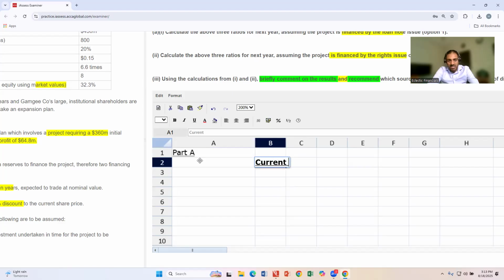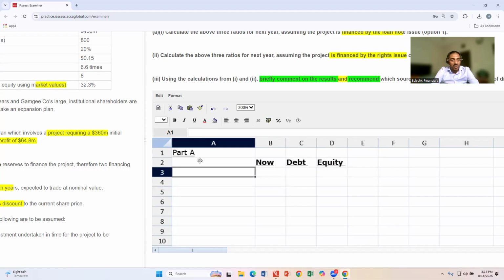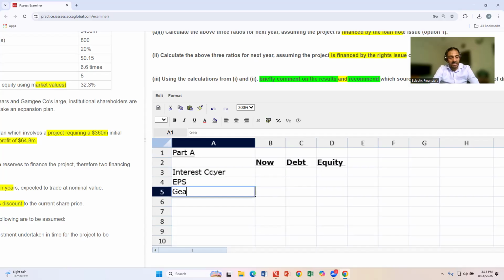Part A is about the current situation, the now, with debt finance and with equity finance. We need to work out the ratios. Number 1, interest cover. Number 2, earnings per share. Number 3, gearing.